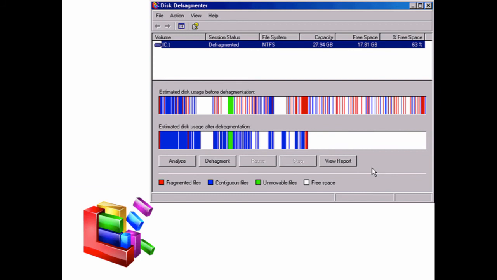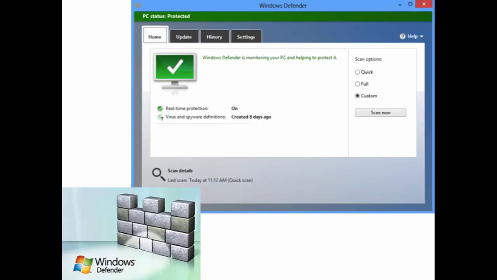A second utility is anti-malware. And malware is essentially hostile and intrusive programs such as keyloggers and spyware. A typical type of anti-malware is that of Windows Defender, which will obviously prevent that type of software getting onto your computer.